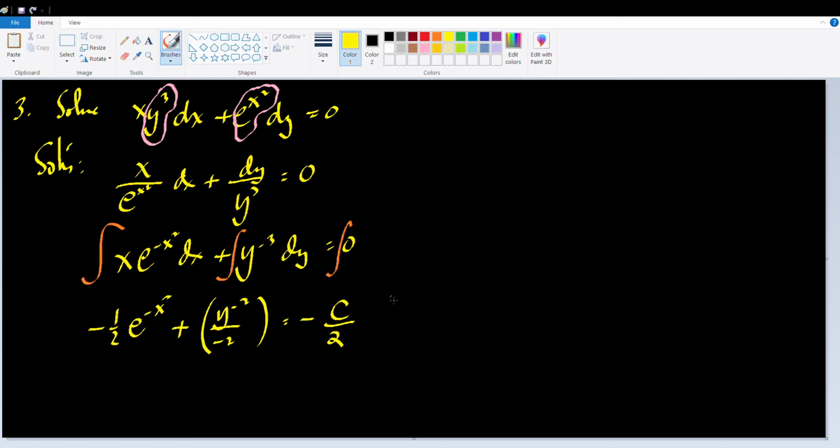So multiply everything by what? Multiply by negative 2. And what do we get? E raised to negative x squared plus y to the negative 2 equal to c. Okay?